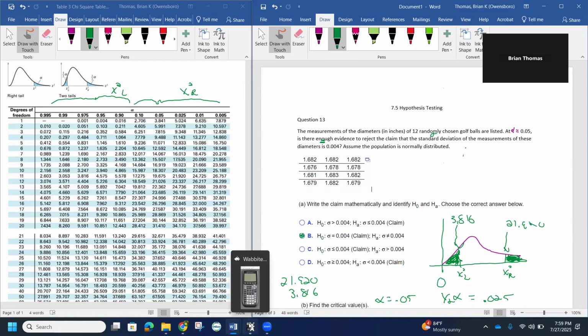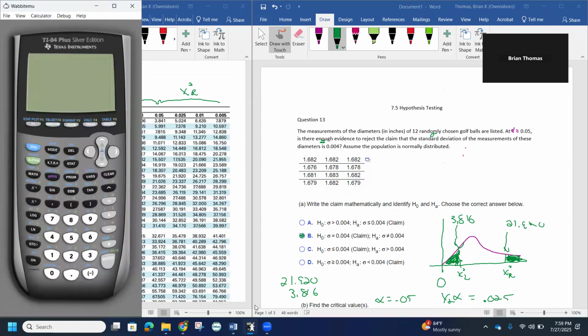Using my calculator, if we hit stat and then go to edit, I can enter the data. I've already done that. Now if I go to stat, slide over to calculate, I can calculate my statistics.